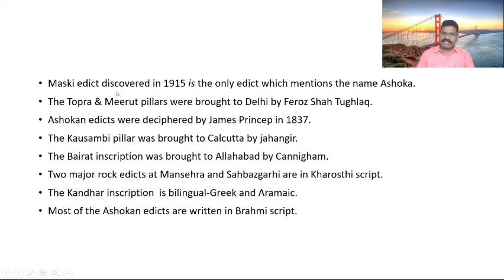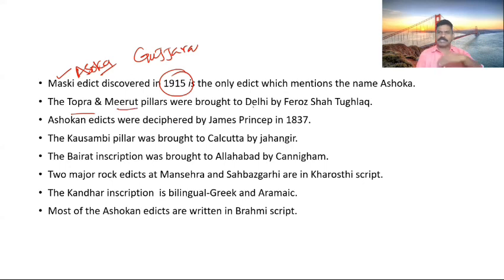The Maski edict was discovered in 1915 in Karnataka. It mentioned the name of Asoka. Asoka's personal name is mentioned in only 2 inscriptions, Maski and Gujjara. The Topra and Meerut inscriptions were shifted to Delhi by Firoz Shah Tughlaq, who ruled India from 1351 to 1388, after Muhammad bin Tughlaq.